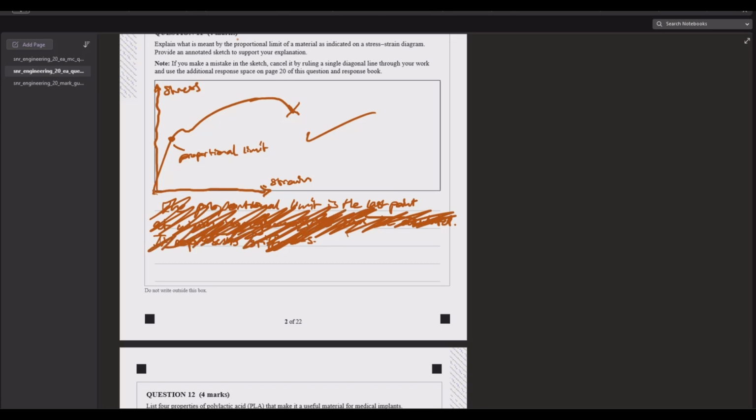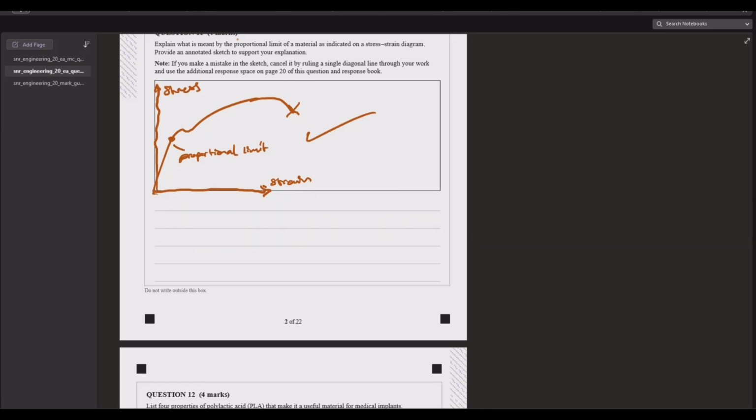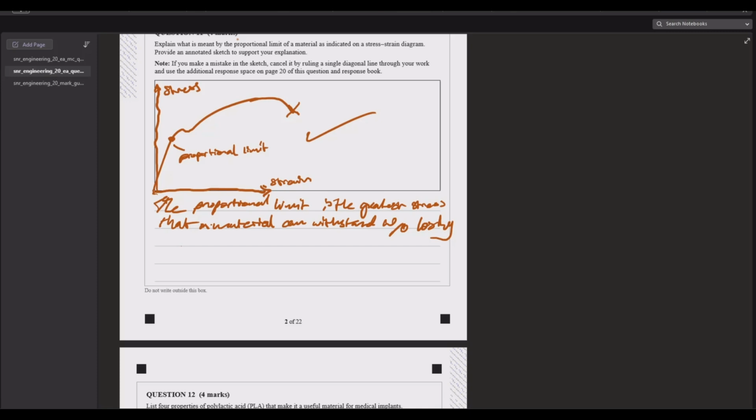See, this is the thing with the QCAA questions that I really don't like sometimes. I promise I'm not being salty. But the answer that they give is the proportional limit is the greatest stress that a material can withstand without losing straight line proportionality between stress and strain within the material's elastic limit.